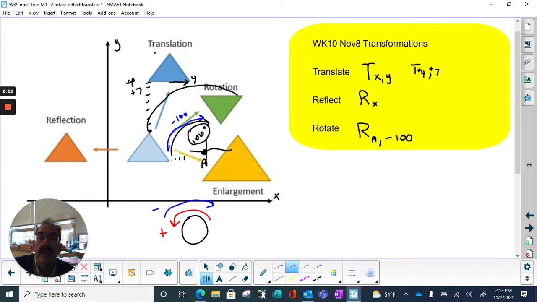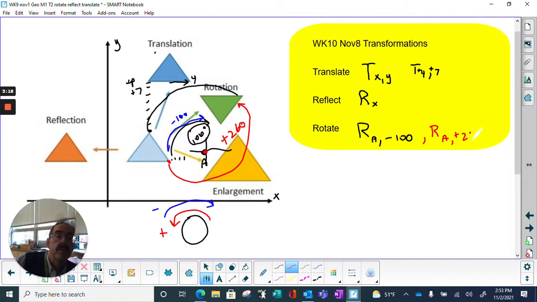We could take it from here and go all the way around the rest of it. So 360 degrees, this would be in the positive direction, 260 degrees. So another way to write this would be to rotate about the point A, this is our point of rotation, positive 260 degrees.